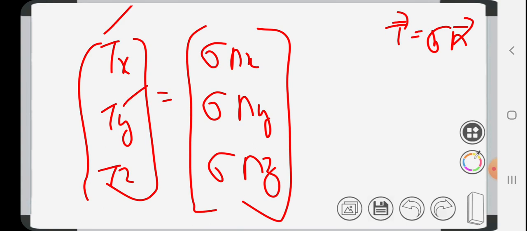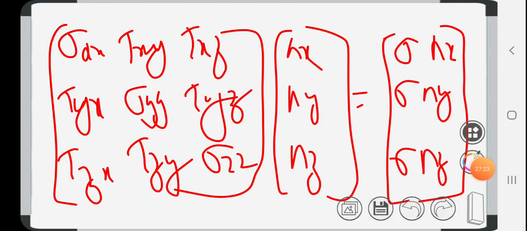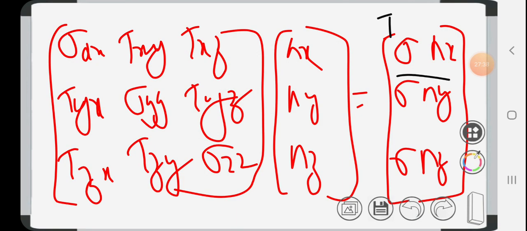Because tx, ty, tz remain, I substitute for tx, ty, tz as sigma nx, sigma ny, sigma nz. I have substituted all these things with these values.